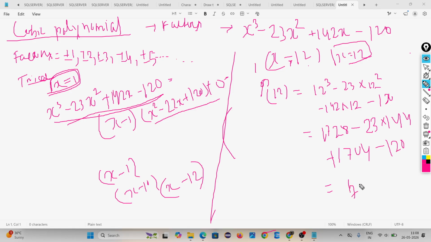Okay, 1728 minus 23 into 144, it will be 3312, plus 1704, minus 120. 1728 plus, these two are plus. 1728 plus 1704 is 3432.